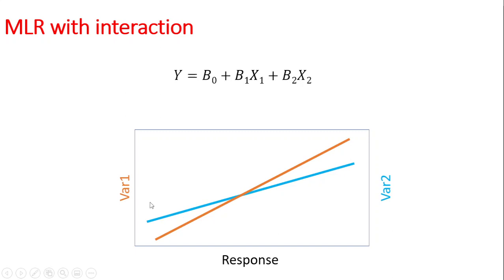So as you can see here, the orange variable is consistently below the blue one for a particular value of response, but beyond that the orange variable has a much greater value compared to that of your blue variable. So this is what it means by interaction.